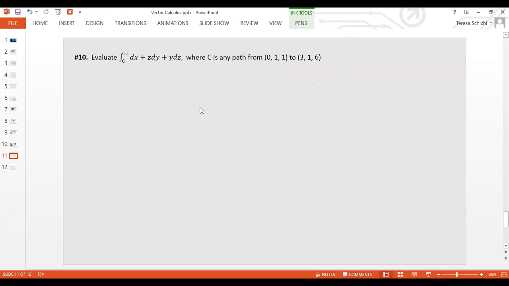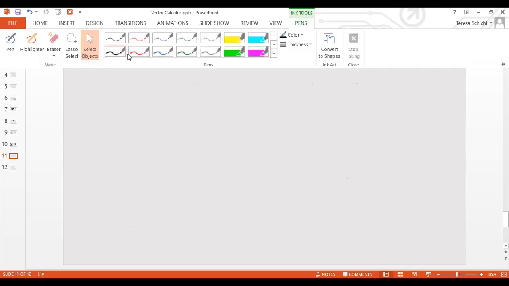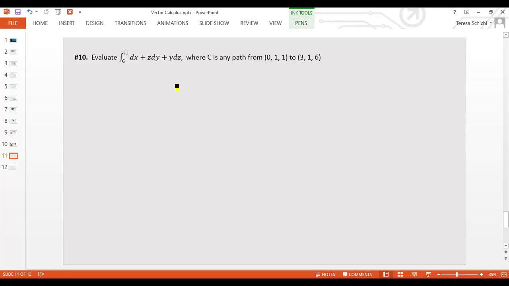So this is in three dimensions, right? So I want to evaluate this integral, where C is the path from (0, 1, 1) to (3, 1, 6). In here, you see it did not even give you what the path looks like. Just says C is a path here. Okay, so let's try to write it down.